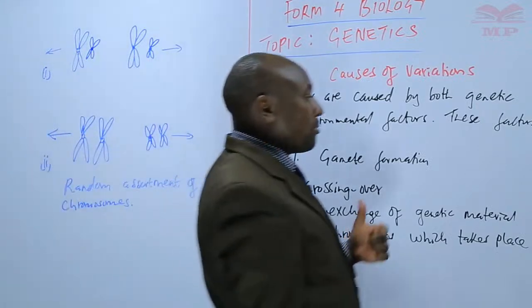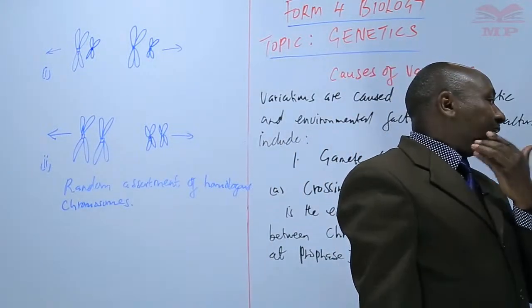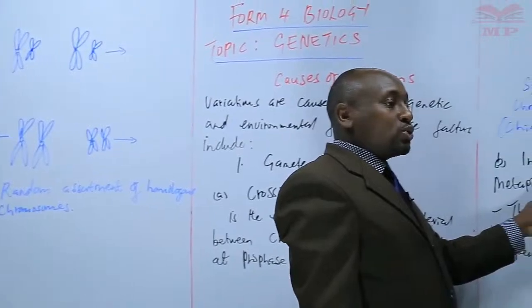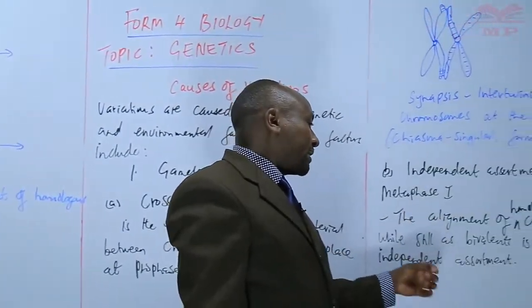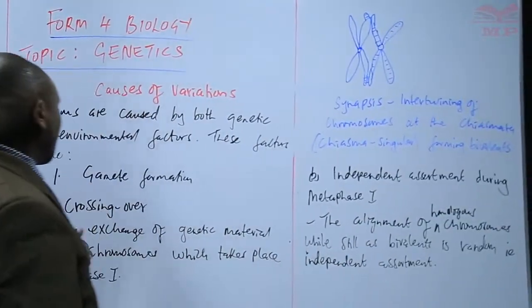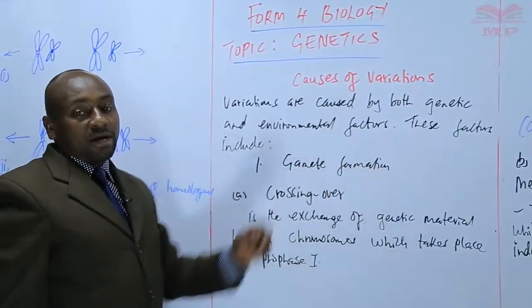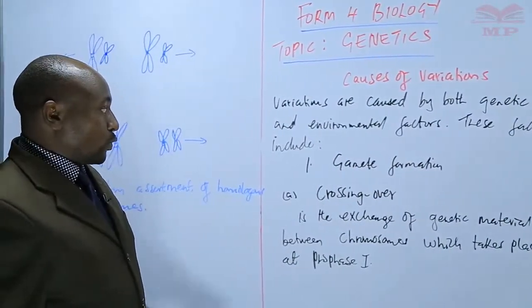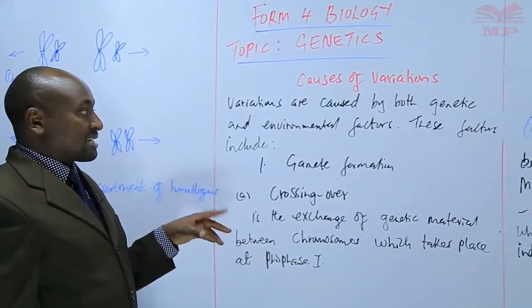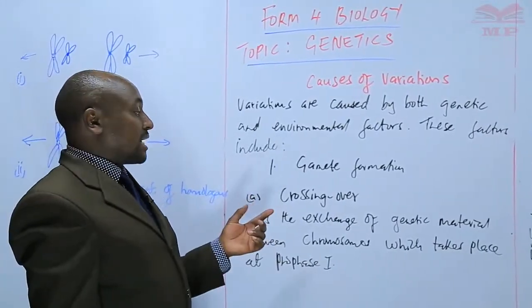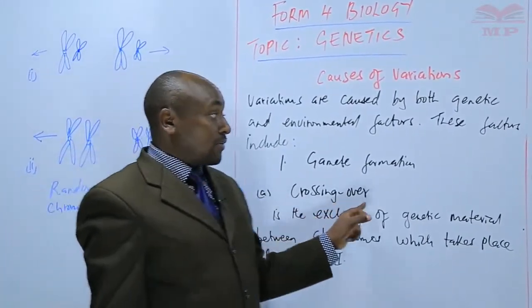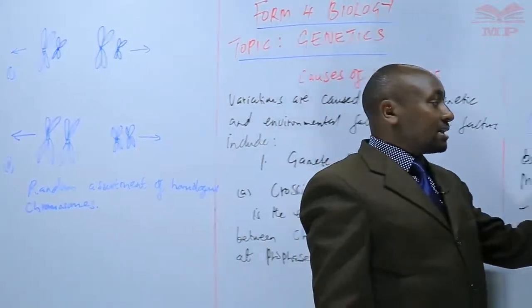So that random assortment, or independent assortment, that occurs during metaphase 1 is another cause of variation during gamete formation. So gamete formation is one process that leads to variations, either during crossing over or during independent assortment.